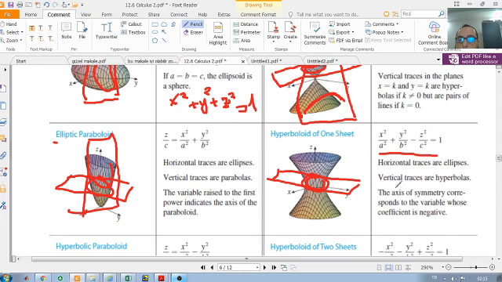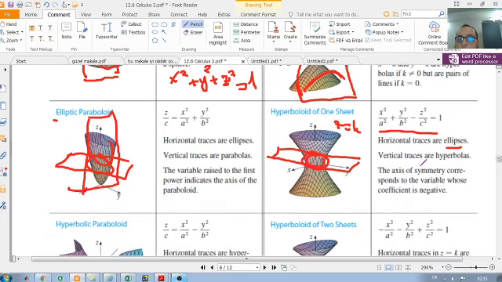Because you know, the equation of the horizontal plane can be given as z is equal to k, which is parallel to the xy plane, or you can consider directly z is equal to 0. If you write 0 for z, you will obtain the equation of an ellipse. Therefore, algebraically also we can say horizontal traces are ellipses. Vertical traces are hyperbolas, which can be obtained by cutting the hyperboloid of one sheet with a vertical plane.